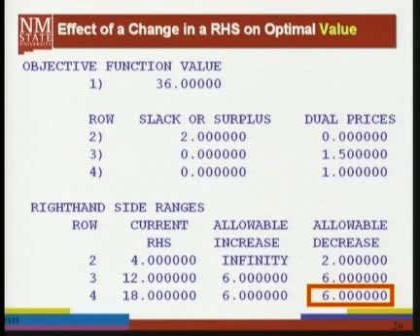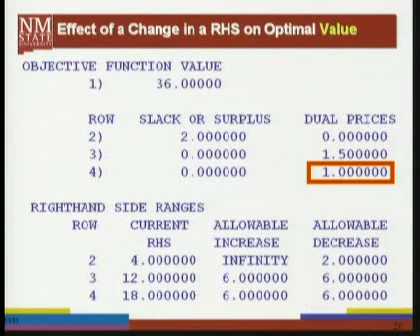Then what happened to the objective function value? 35, yeah, decrease, right?